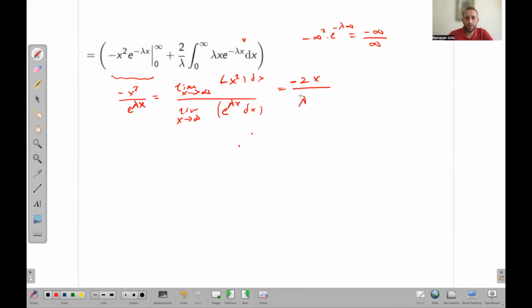That is lambda times e to the lambda x, not a minus, e to the lambda x. So now let's put infinity into x. That will be minus 2 times infinity divided by lambda times e to the lambda infinity. That will be minus infinity divided by infinity.